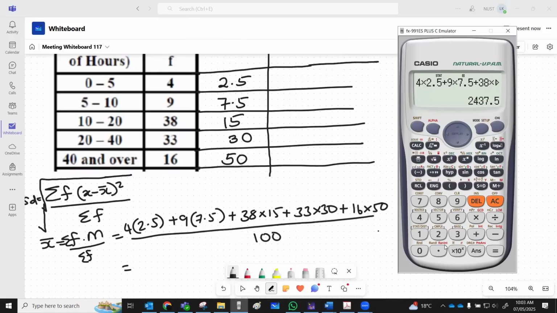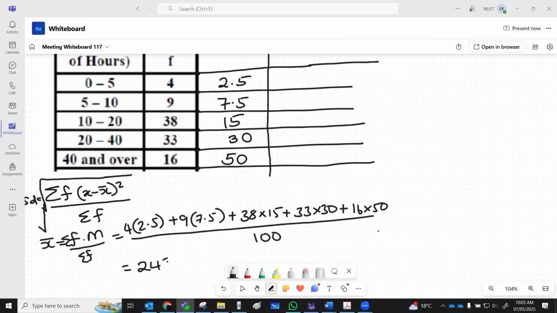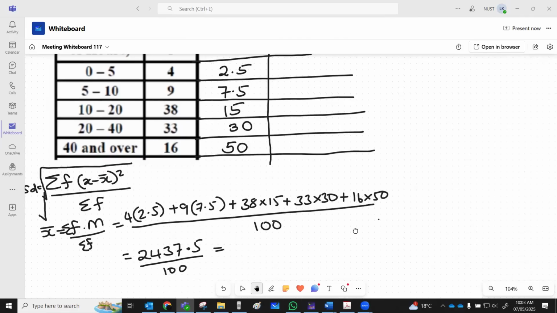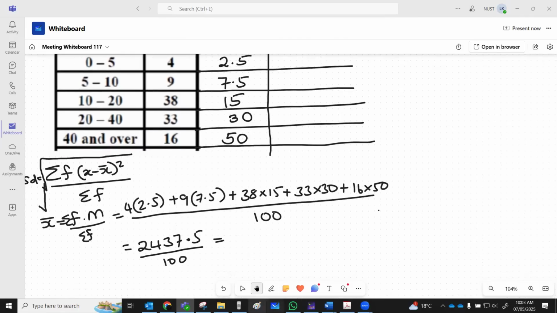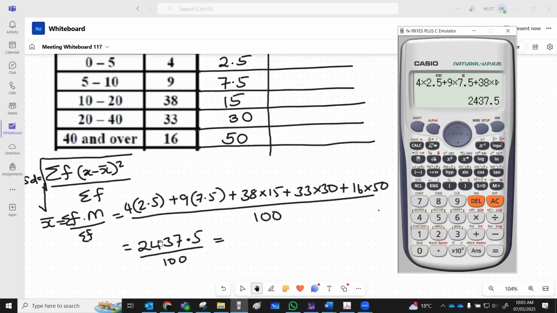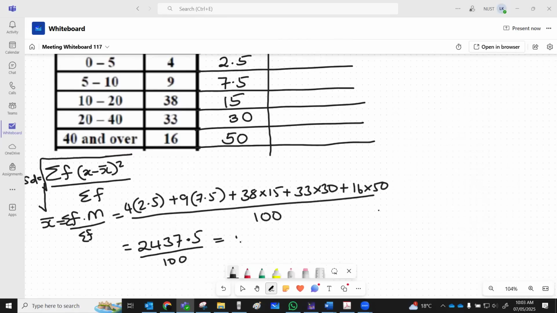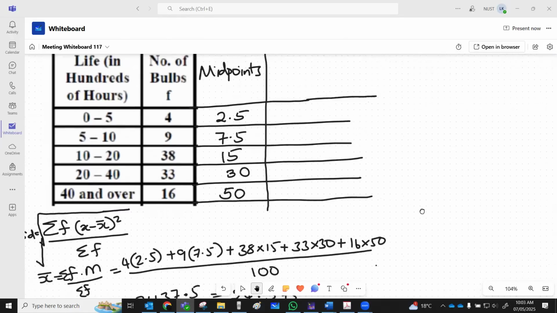And this gives us 2,437.5. So as far as possible, don't round off too early. And then when we divide this by 100, the decimal just moves. Don't need a calculator for that. So we have 24.375. So just use it the way it is instead of rounding off.